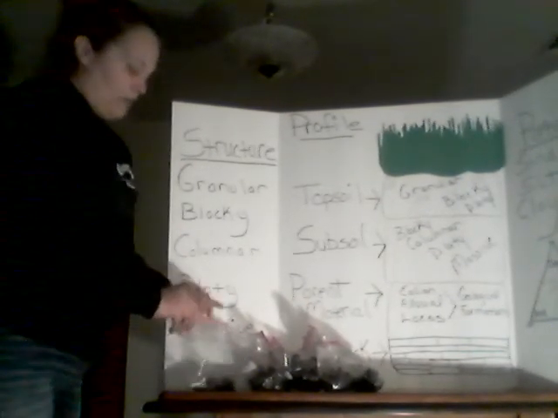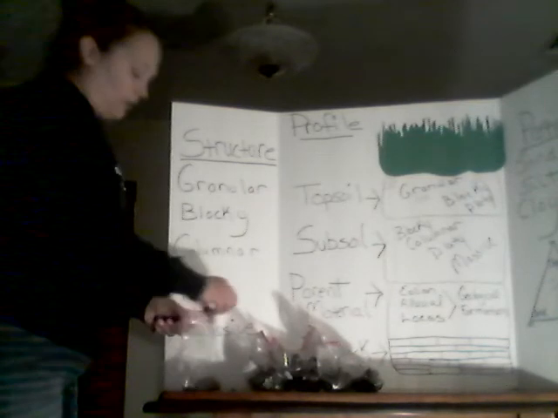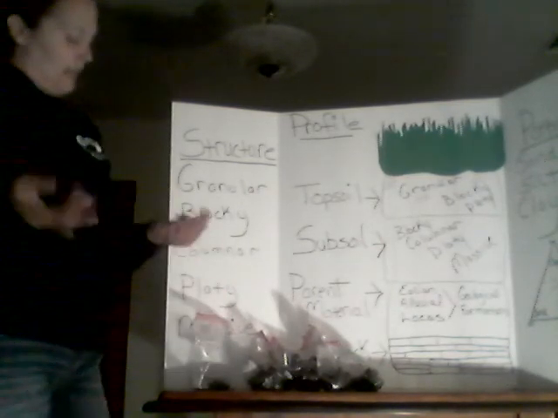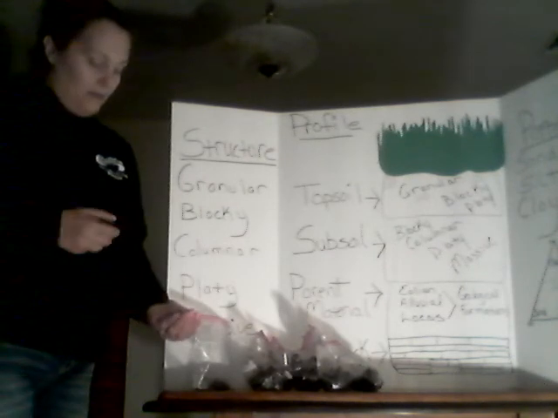On my report, I would write all those down for each depth, and then we would go to figuring out the texture portion. This gets messy, so I'm not going to do this on my speech because we would be in a muddy mess. But what we would do is you'd have to have a water bottle, and you would take a nice chunk of it in your hand, like before, and you'd wet it.